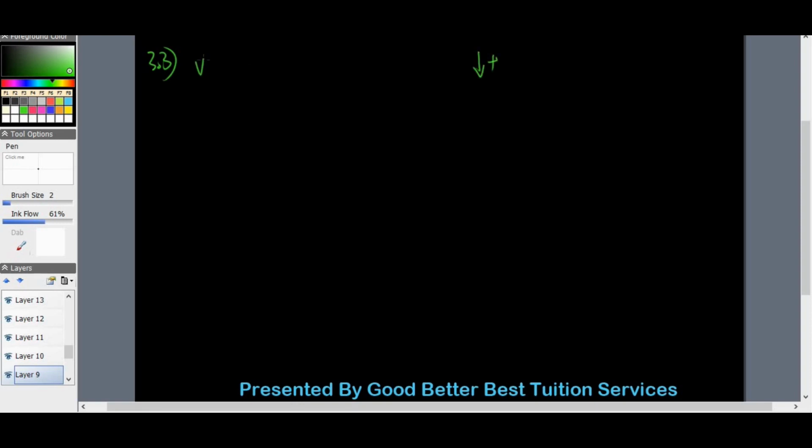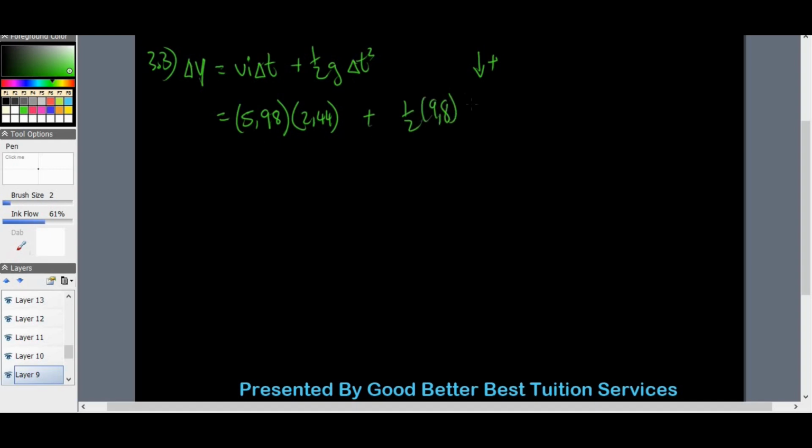I'm going to use the equation delta y is equal to vi delta t plus half g delta t all squared. Delta y is what I'm looking for. Initially v was 5,98 times, now watch this, 2,44 seconds, plus a half times 9,8 times 2,44 all squared.